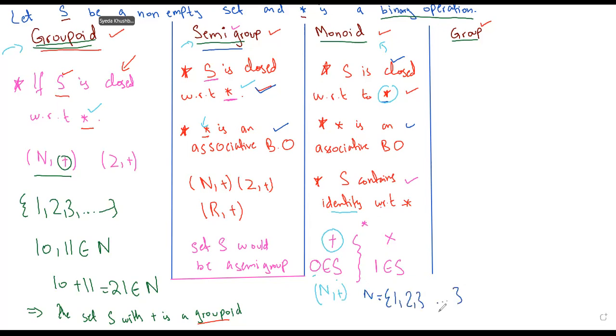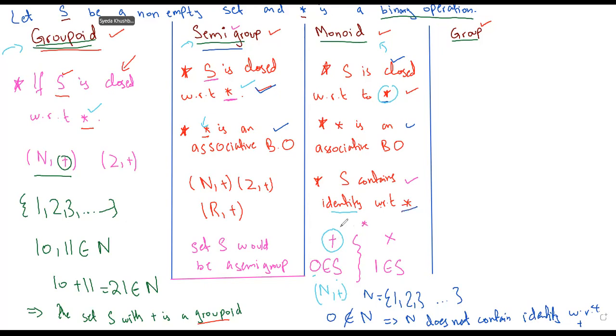And it is obvious that 0 does not belong to N. This means N does not contain identity with respect to addition.